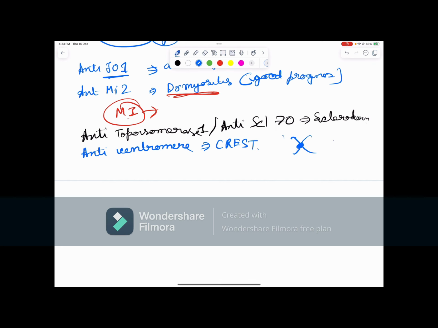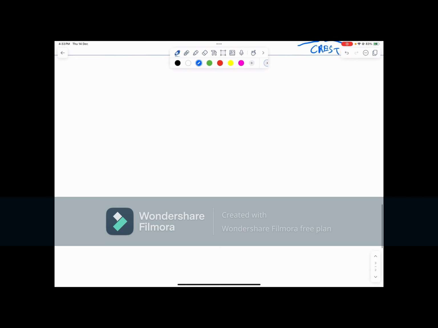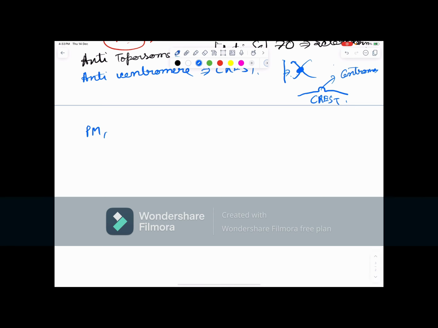If I see from this direction horizontally, it would look something like this, so there is a crest. So anti-centromere CREST antibody is seen. Also remember that with polymyositis and dermatomyositis, you can remember it by Jo1 and anti-Mi2.